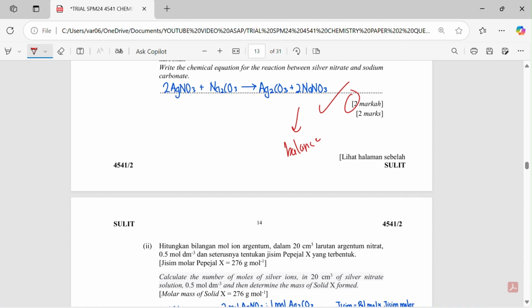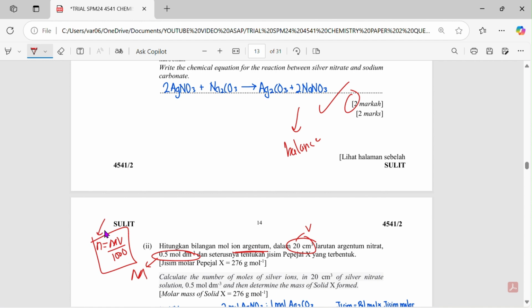Next, hitungkan bilangan ion argentum dalam 20 cm cube larutan argentum nitrat. They gave the volume as well as the 0.5 is the kepekatan. Okay, so based on this, you can identify this formula to get your bilangan mol.